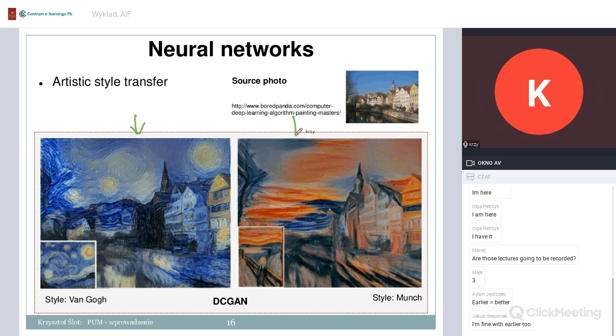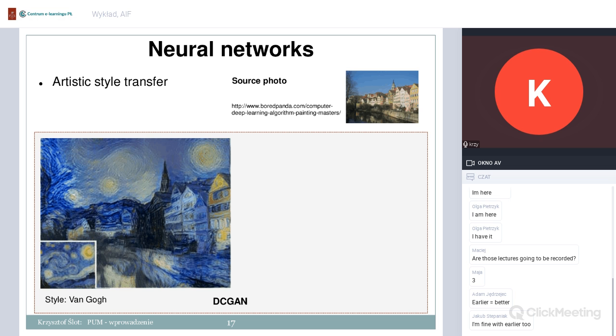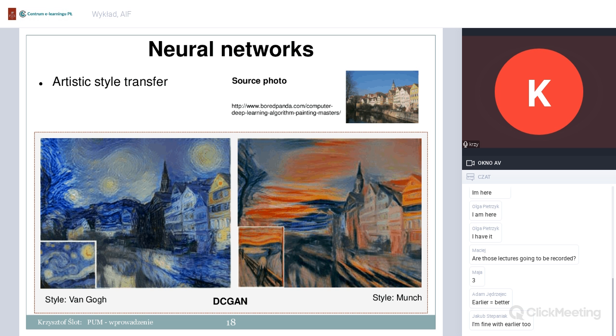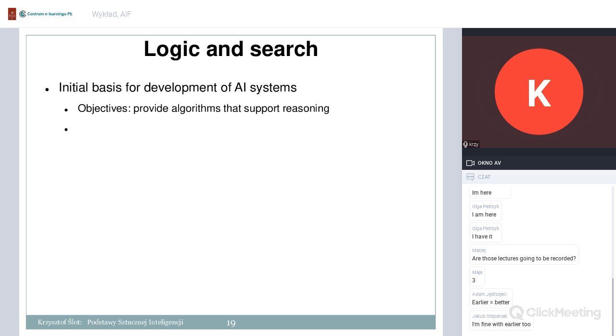On the right, you have a different style. This is a Munch. This is another painter, which had a completely different way of painting. As you see, it's an extremely creative way of behavior. So neural networks are extremely capable.